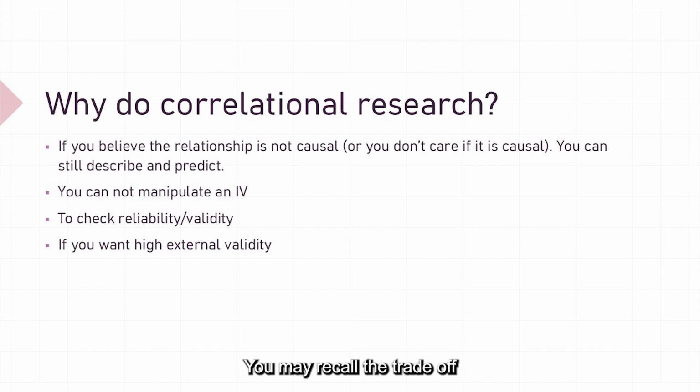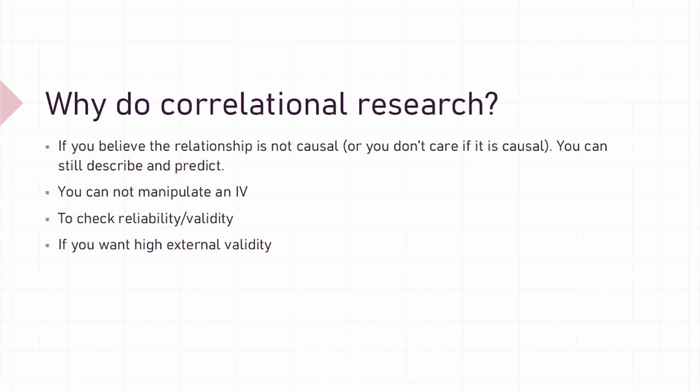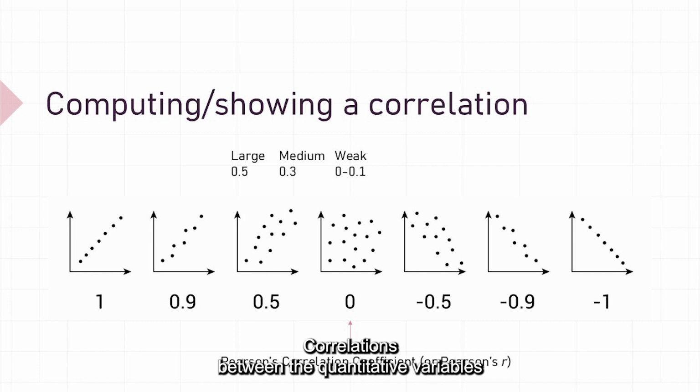You may recall the trade-off between internal and external validity. Correlational research has lower internal validity but higher external validity. Since nothing is controlled or manipulated by the researcher, the results are more likely to reflect the relationships that exist in the real world.